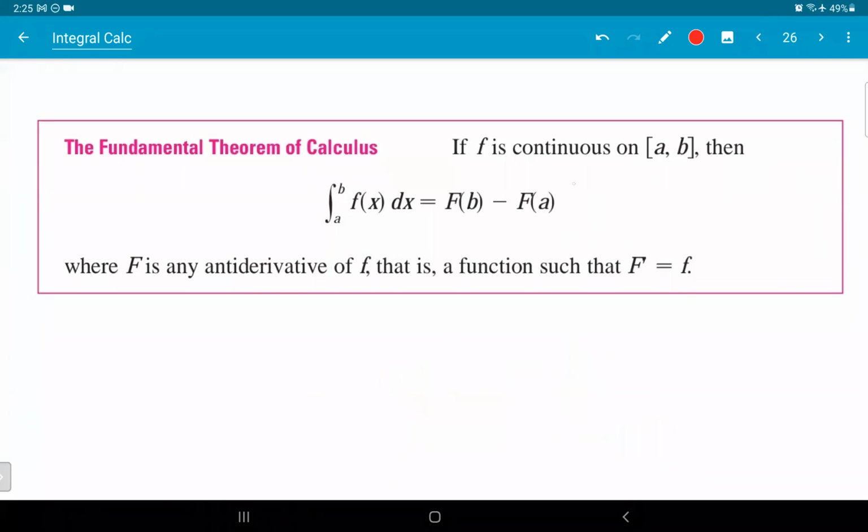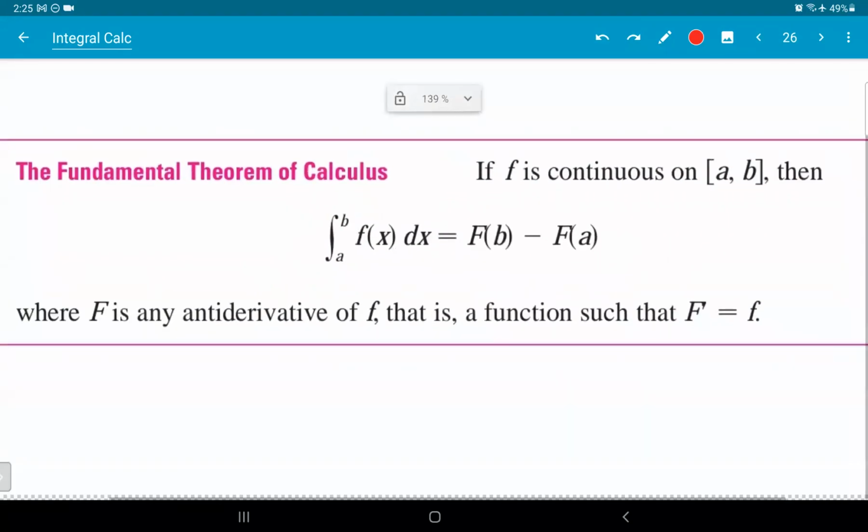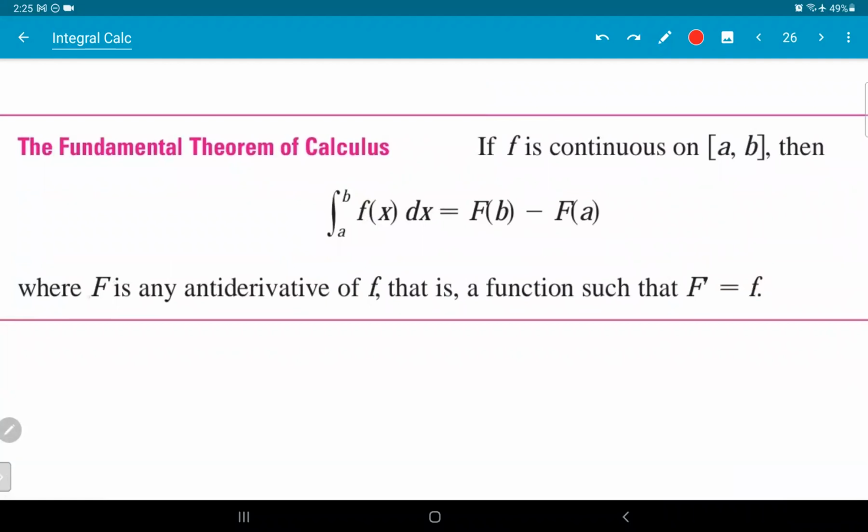It says that the definite integral of the function f from a to b can be evaluated by using an antiderivative, and then you evaluate the antiderivative at the lower and upper limits, and subtract. Here in the definition, take note that the function capital F is any antiderivative of the small function f.